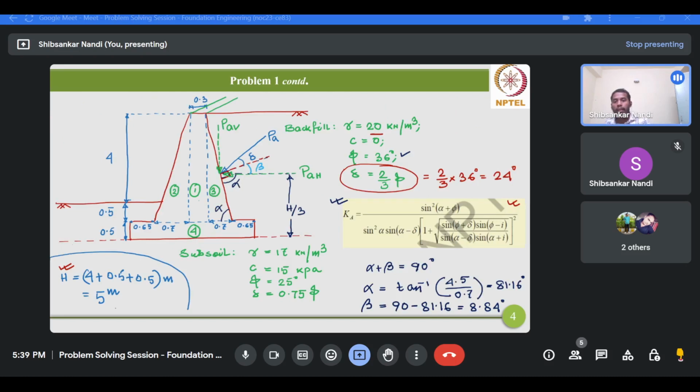And where is it acting? It is acting at its CG. Now the CG is at a distance of 0.3 by 2 plus 0.65 plus 0.7 from the toe of the wall.